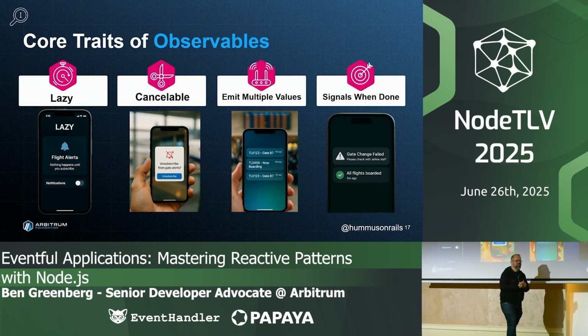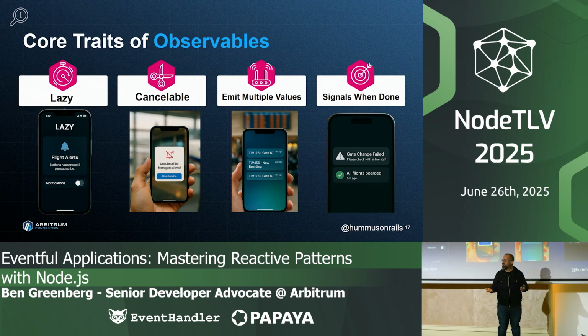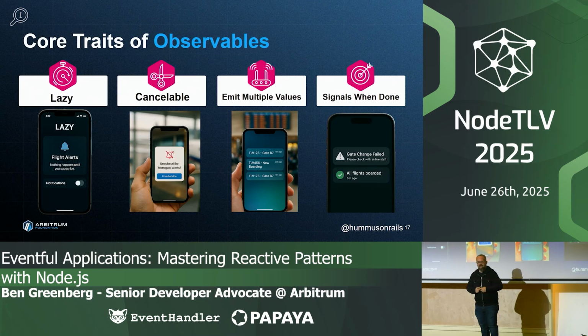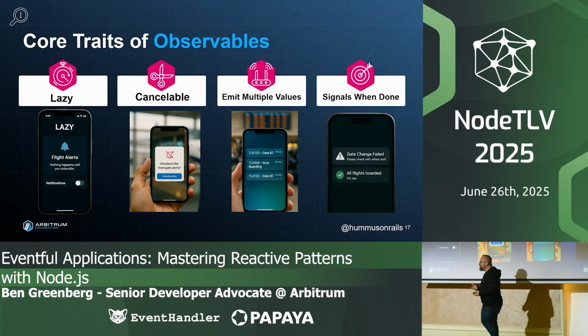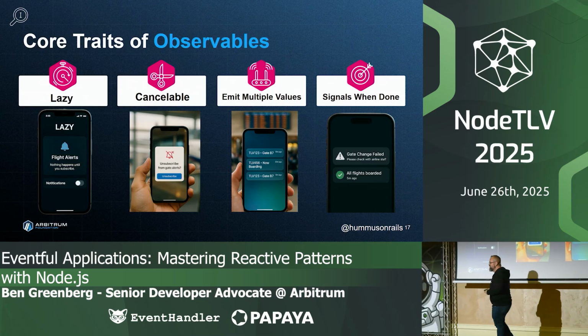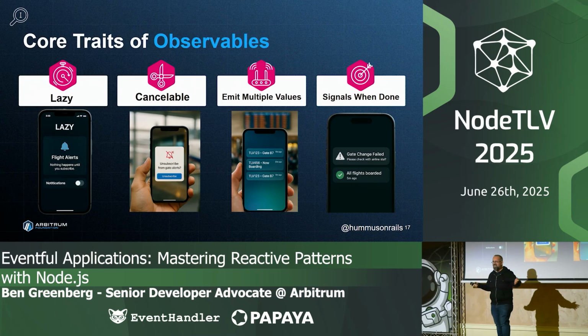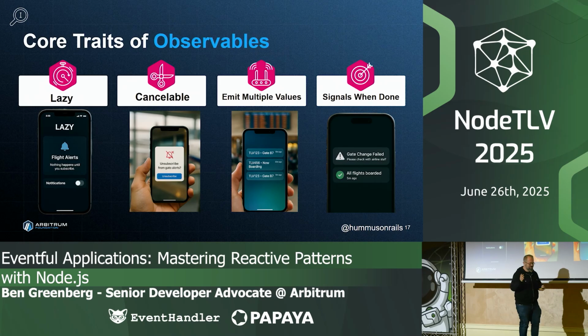And they also emit multiple values. You can get multiple pieces of data streaming through. And they signal when the data stream is done. So not only can you cancel them, they're also really, really helpful. Can you imagine if most of your life was as helpful as this? We'd be living in Gan Eden. It would be amazing. We would all be so happy.